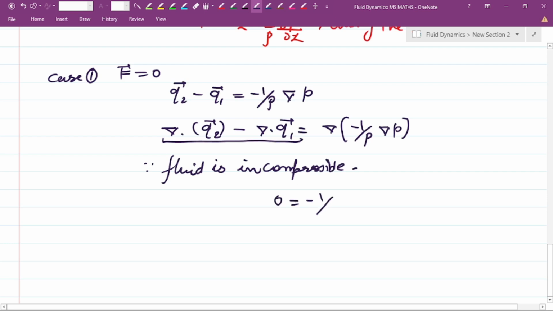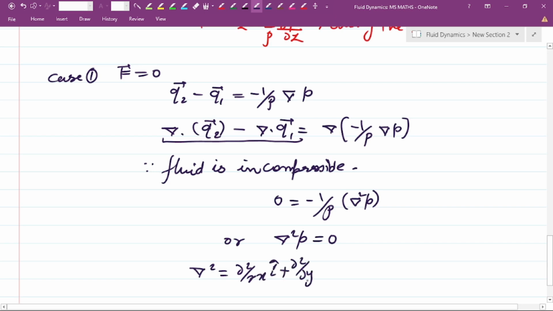So 0 is equal to 1 upon rho delta 2 p, so delta 2 p will be 0, where we can write delta 2 as dou 2 by dou x square i cap plus dou 2 by dou y square j cap plus dou 2 by dou z square k cap.